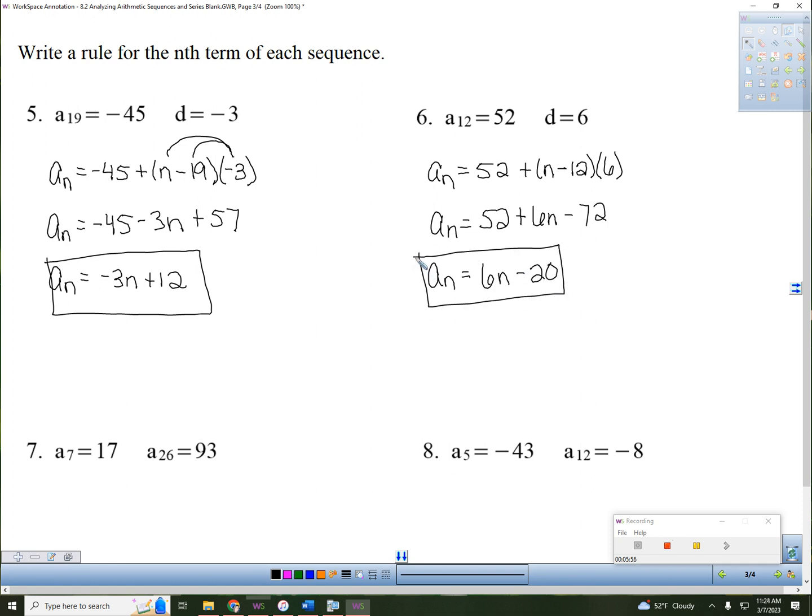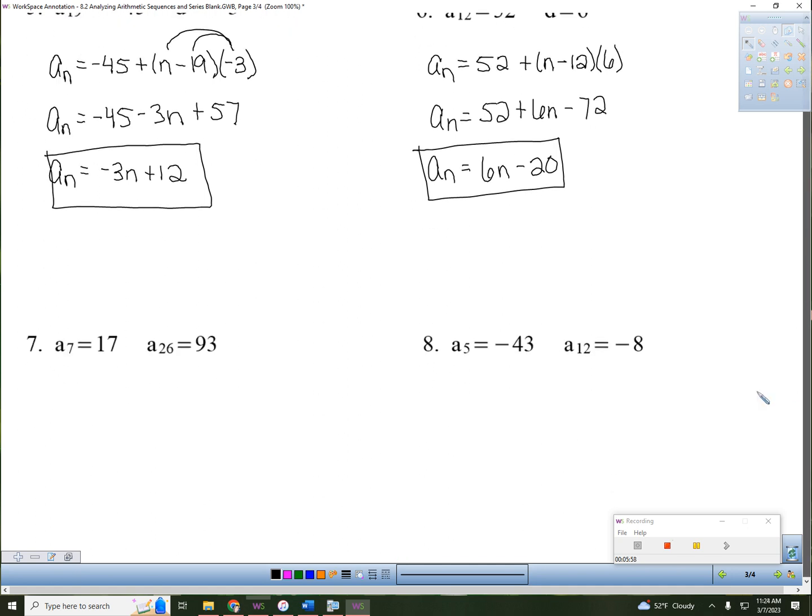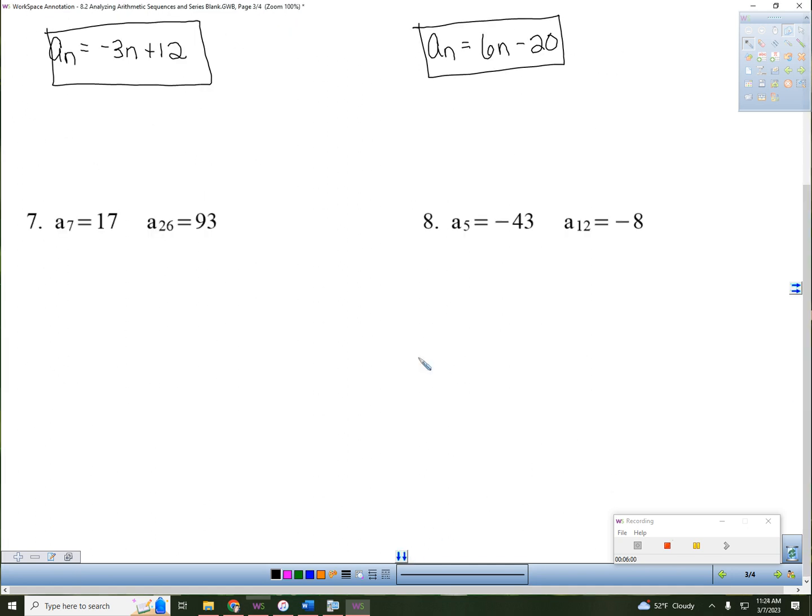20. Now, on 7 and 8, they don't give you d, and we need that. So we have to plug in for every part of our equation except for d, because I don't know that. So on the outside here, I'm always going to put whichever term is in the biggest position. So this is in the 7th, and this is in the 26th. So I'm going to put 93 out here.